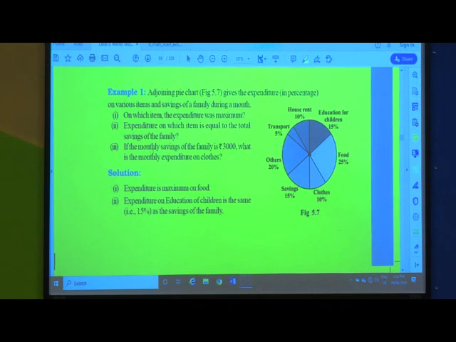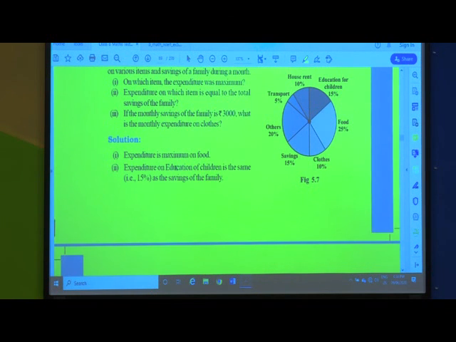What I am saying is, if 15% of the total salary is rupees 3000, then what is 10% of that? Now we shall see what is the solution.